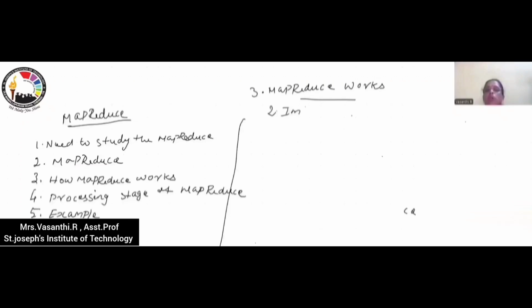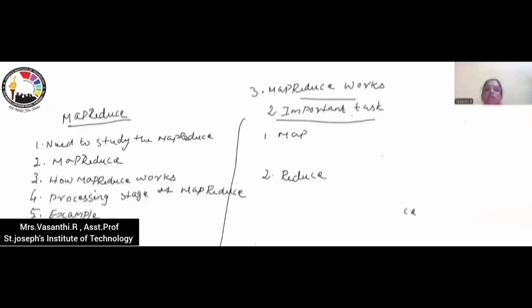One is the map task and the second one is the reduce task. So MapReduce has two important tasks: one is the map function and another one is the reduce function. Now we are going to see the map function.